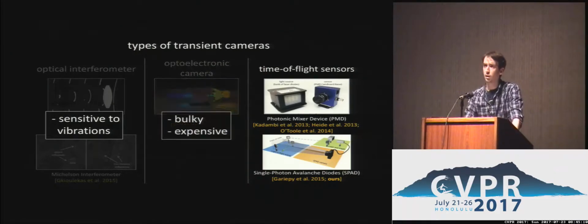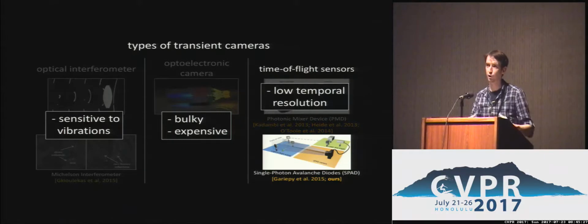And yet another approach is to use conventional time-of-flight sensors, which are based off of PMD sensors, photonic mixer devices. Now, these are sensors that are really designed only to capture depth maps from a scene. So when you apply them towards transient imaging, they tend to produce relatively poor results, meaning that these transient images have poor temporal resolution. So instead, our paper focuses on a device known as a single-photon avalanche diode, or SPAD, to capture our measurements.